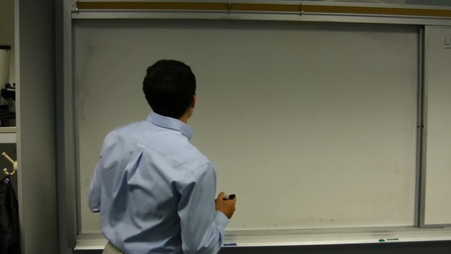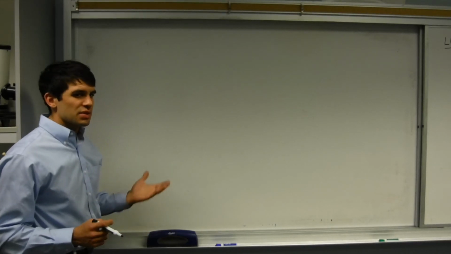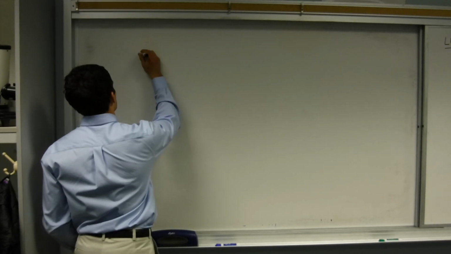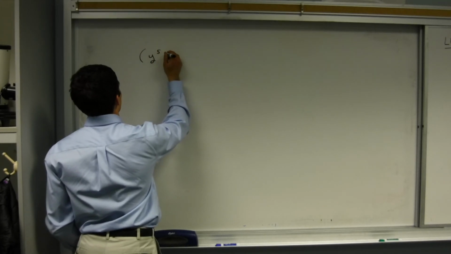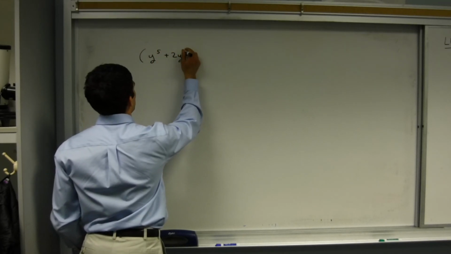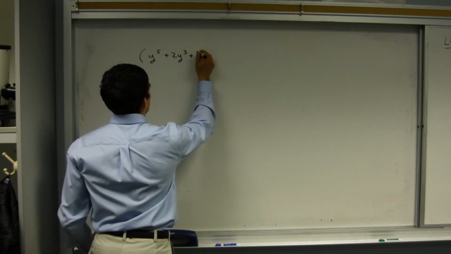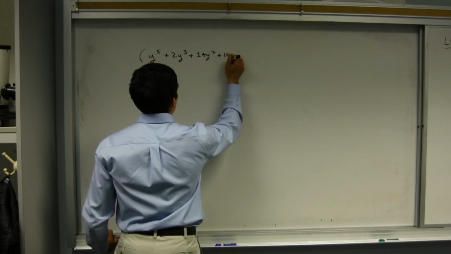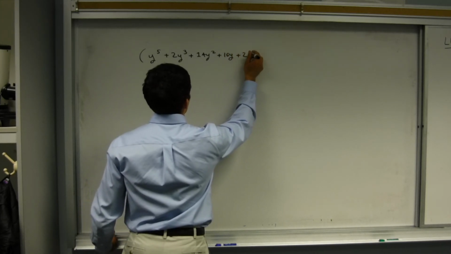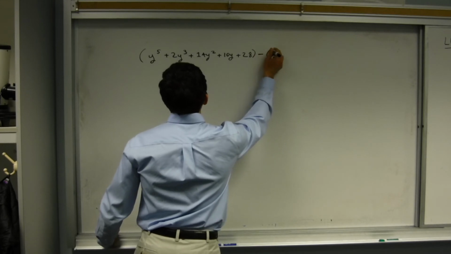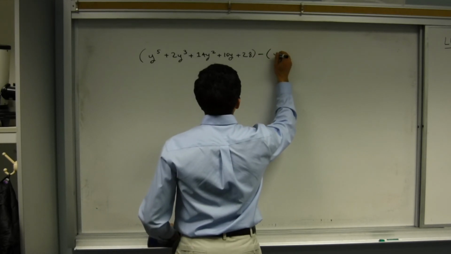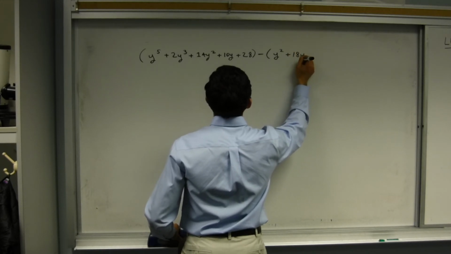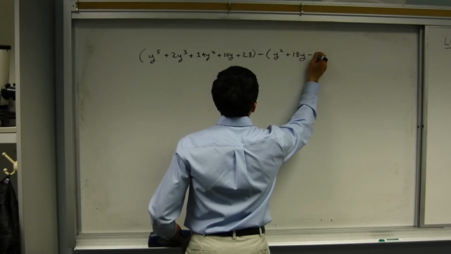So subtraction is pretty much the same deal, except there's one slight detail that we have to be careful of. So suppose we have y to the 5th plus 2y to the 3rd plus 14y squared plus 10y plus 28 minus y squared plus 18y minus 2.